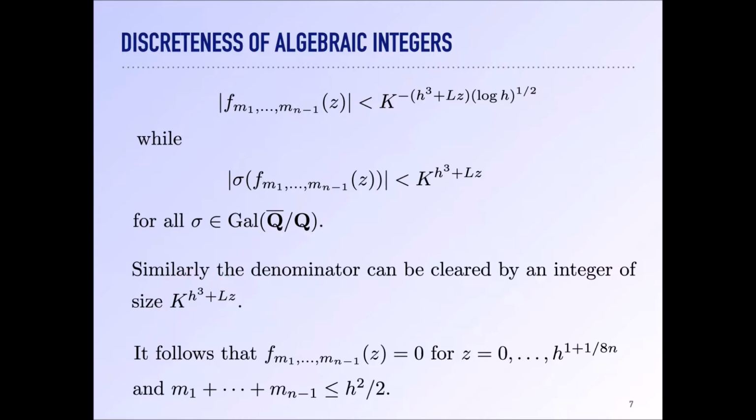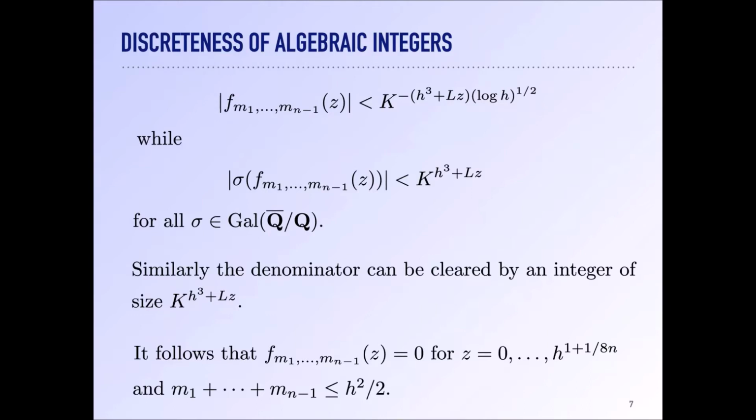If you multiply it by this kind of constant, even to a constant power, like the nth power, or whatever the degree is of the field generated by these alphas and betas, it'll be some fixed power. Then as long as h is large enough, this log h to the 1/2 is going to dominate. The product is going to be less than 1, but this is the norm of an algebraic integer, so if it's less than 1, it has to be 0.